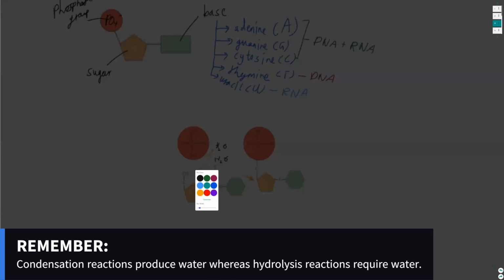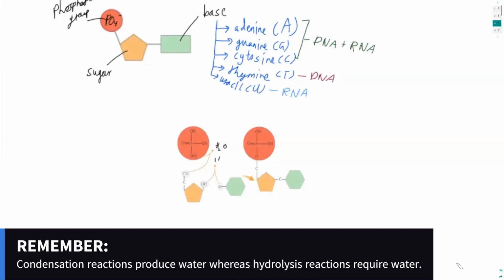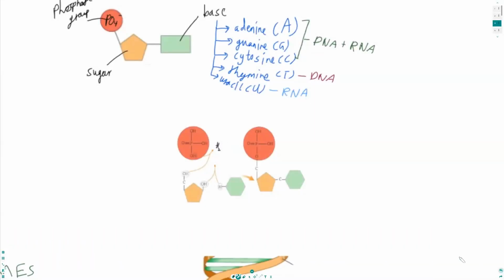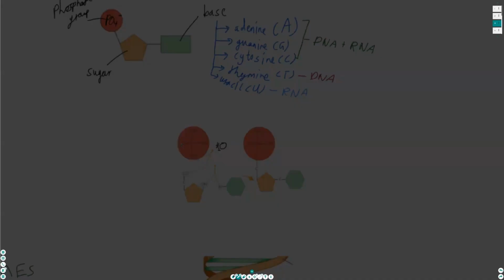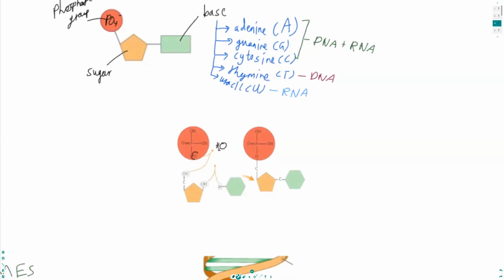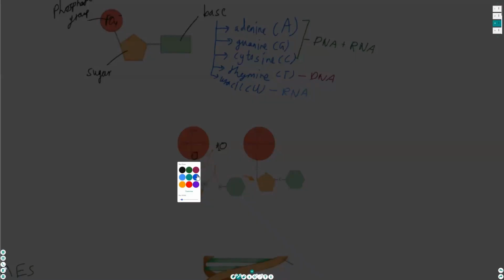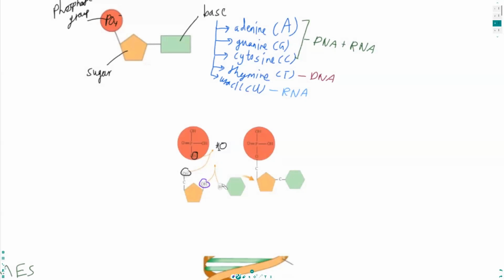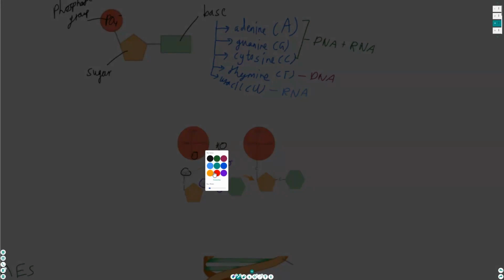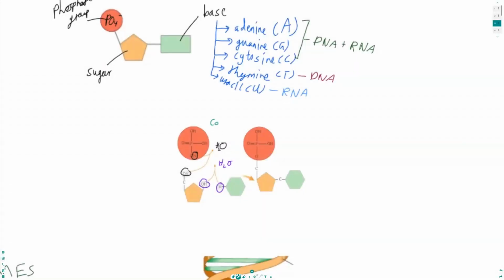H2O is formed where this OH and this H come together to make this H2O. And then here, this OH and this H come together to make this H2O in our condensation reactions. So condensation is producing water.